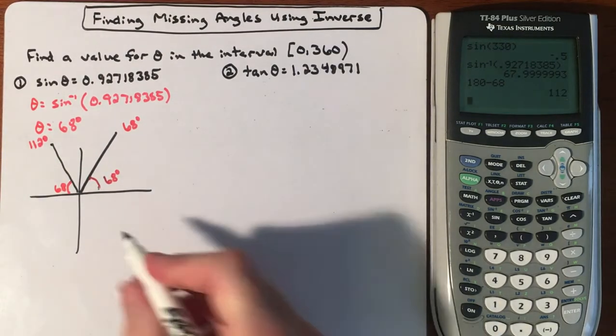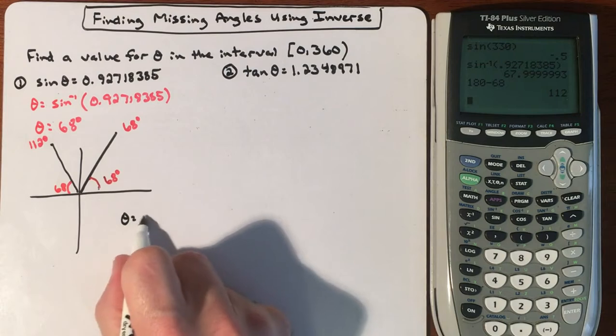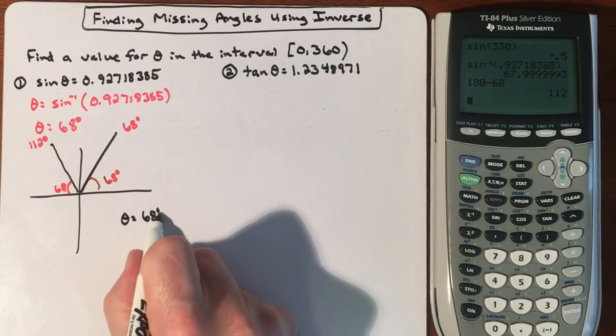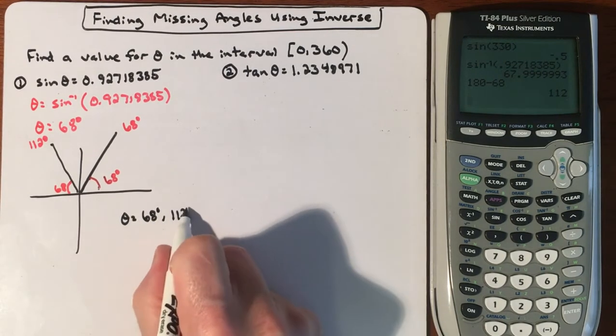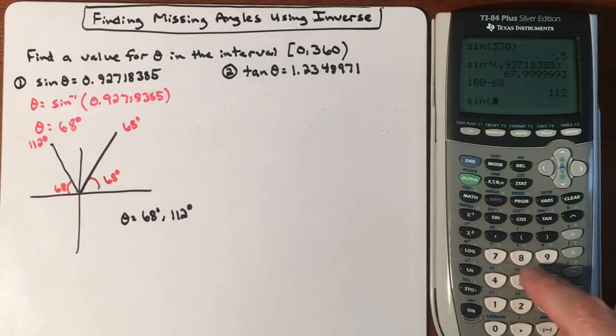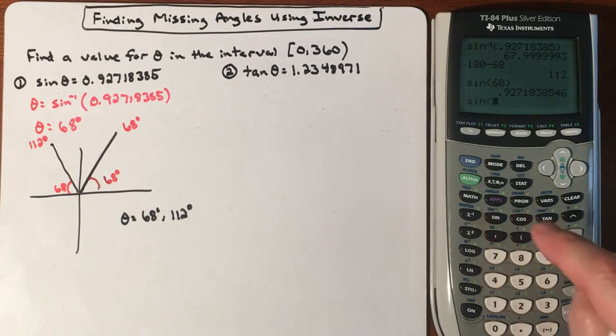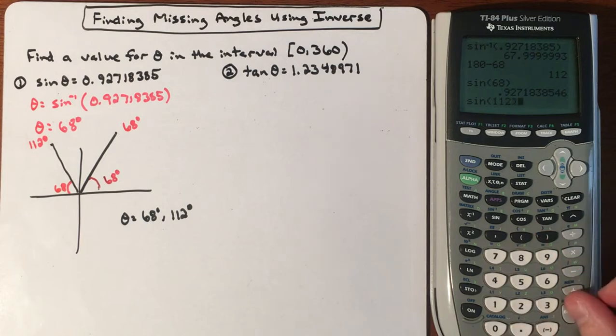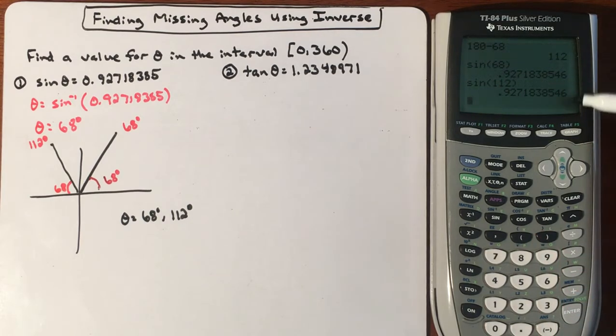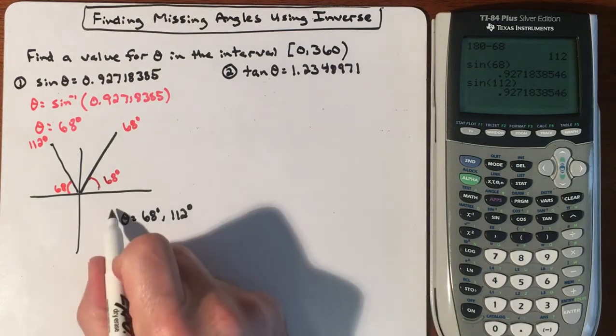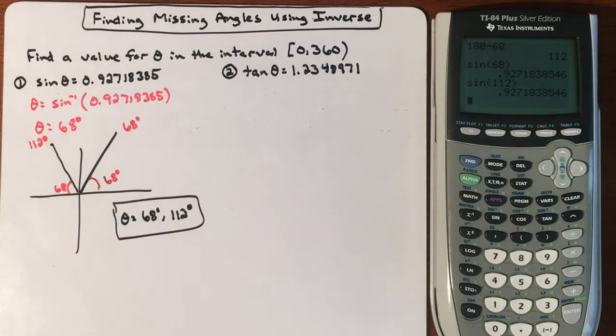So our theta is going to be 68 degrees and 112. If we did sine of 68, we should get exactly that decimal. And if we did sine of 112, we should get the exact same thing because the reference angles are exactly the same.